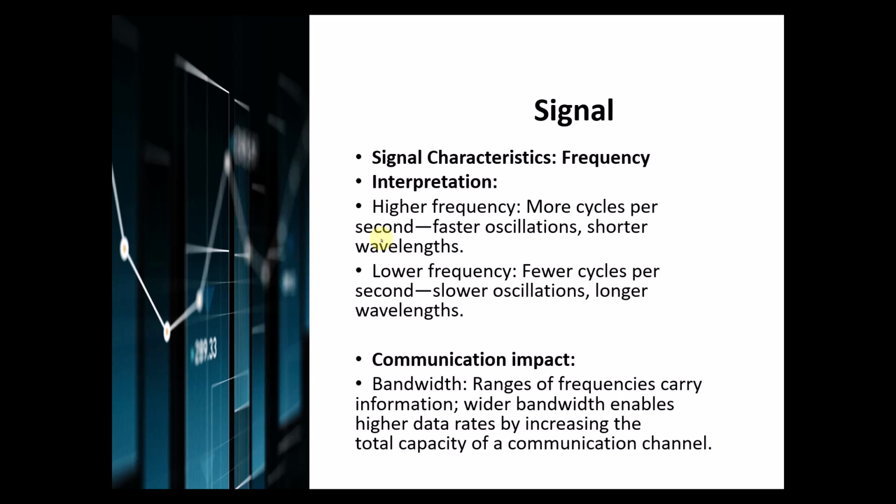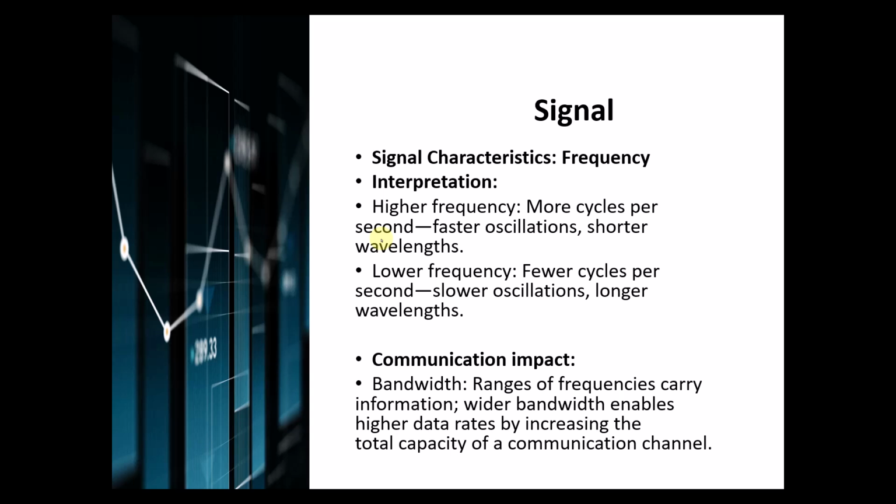in terms of completing cycles. What impact does frequency have on communication? Frequency affects bandwidth. The higher the frequency of signals, the more bandwidth that signal has. So it means the higher the data rate of the signal.